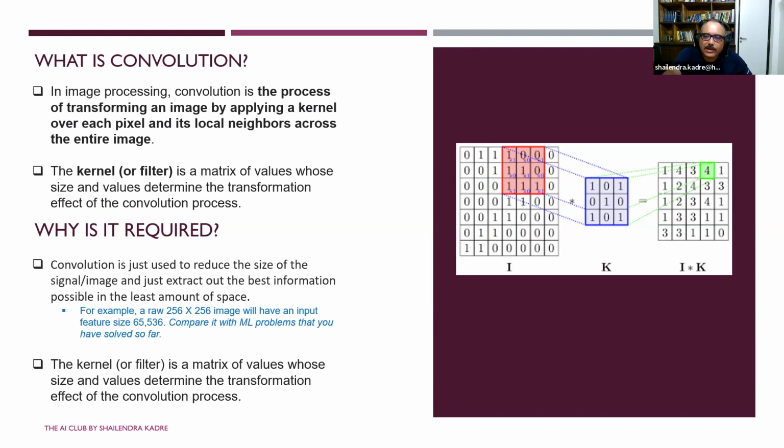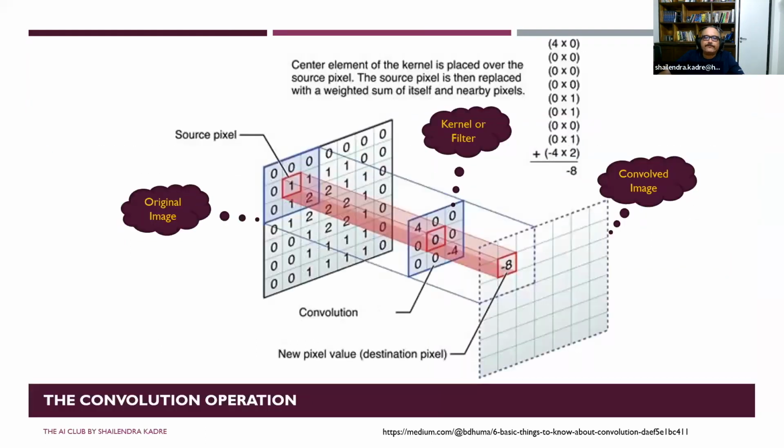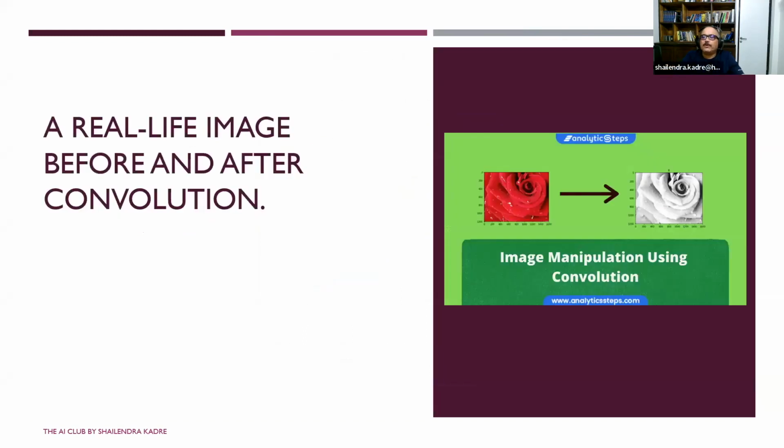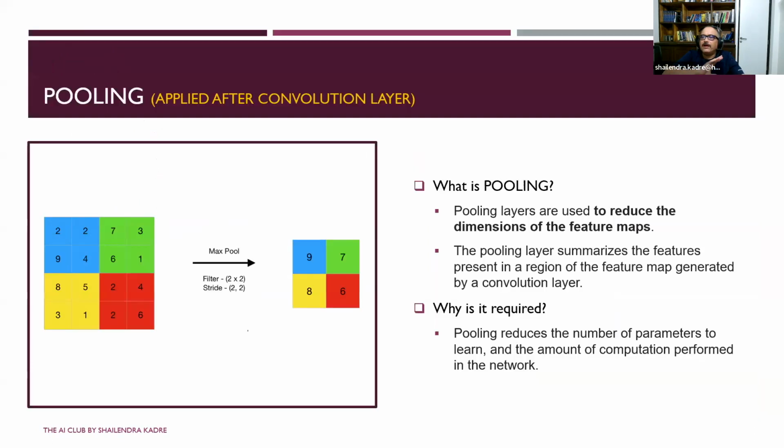So if we do full convolution of an I image with a K filter, you will get a smaller image, so we have reduced the number of dimensions. Once convolution is done, we do pooling. Max pooling means wherever I pool a region, I take the max. Another is average pooling. Instead of max, I take the average. So with pooling, I further reduce the number of dimensions.